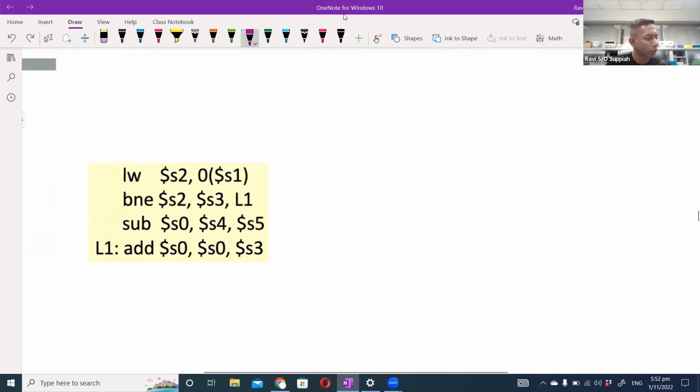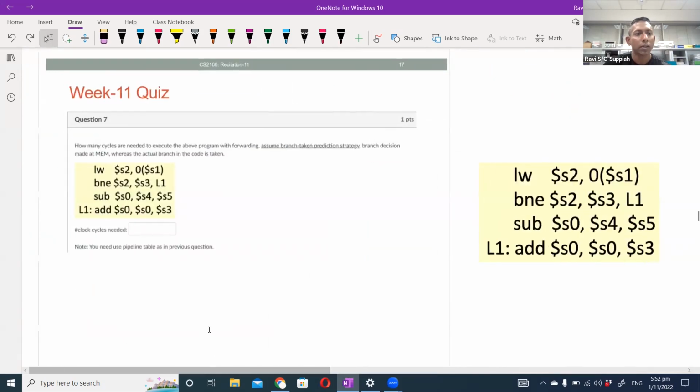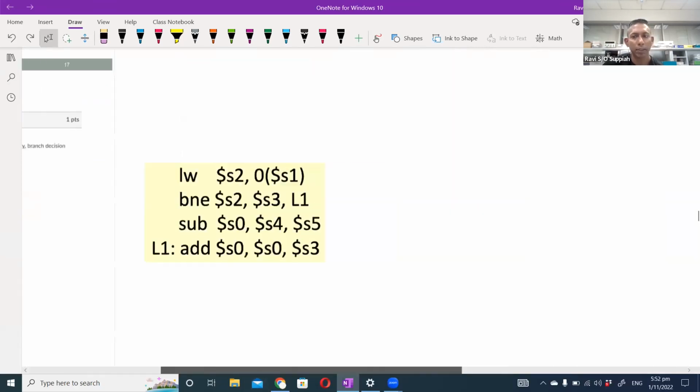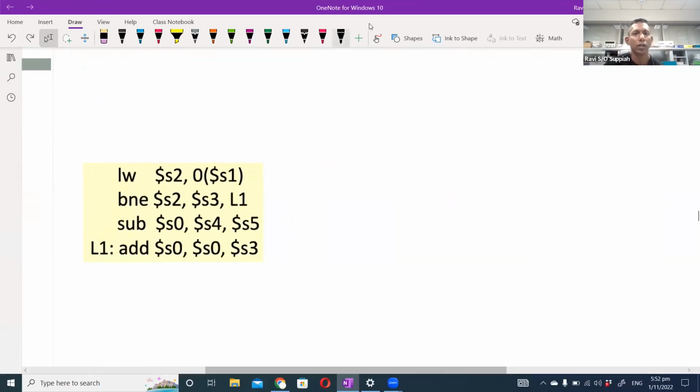Okay, so let me go through this. In this question, we have assumed a branch taken prediction strategy, the actual is taken, and the branch decision is made in the memory stage. Let me draw the lines first.